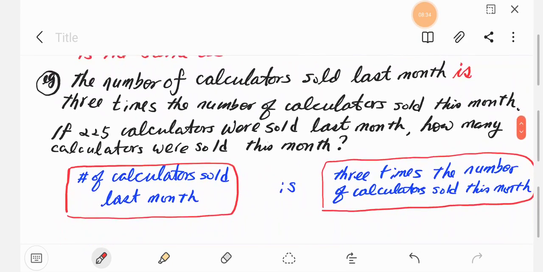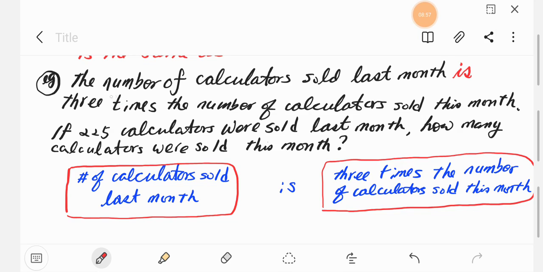Okay, for example, here's an example. The number of calculators sold last month is 3 times the number of calculators sold this month. Okay, what does it mean? Here is, right? Is. So we can separate this into the left side of this word is, and the right side of this is.